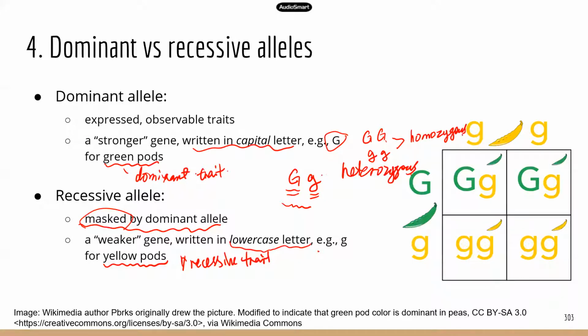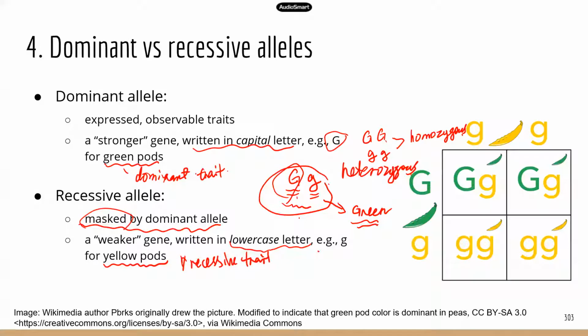All right. Now, coming back to big G, little g, what's the seed color for this particular pea plant? Yellow or green? It's going to be green, right? Because in this instance, an individual with a dominant allele is going to express that dominant trait, which is green.